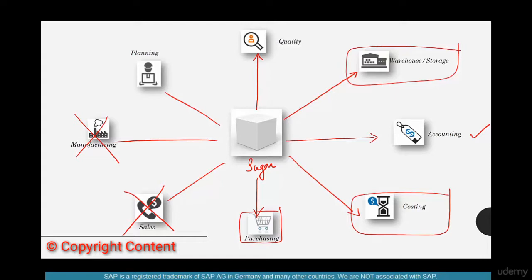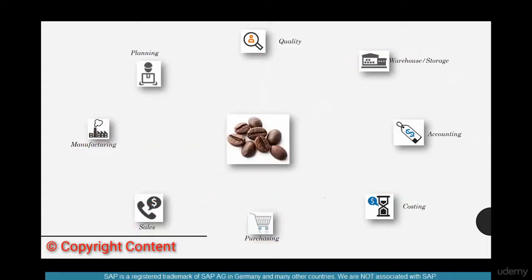And not all materials have the same set of parameters. Depending on the type of use, you use the corresponding views. For example, coffee beans are not manufactured, so you don't care about a manufacturing view. Maybe you don't sell coffee, you only use it for internal consumption, so you don't need the sales view.